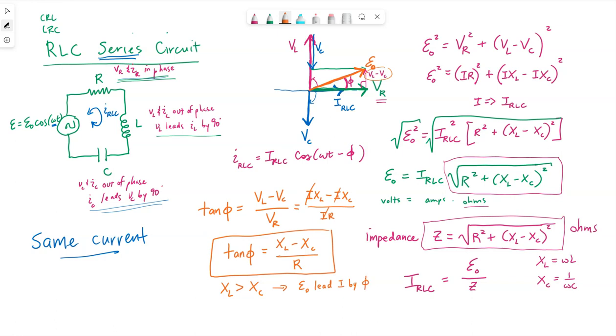If I had chosen to draw the phasor for the capacitor's voltage larger than the inductor's, when we added them together, we would have ended up with a result over here. That would be our voltage, and then the phase angle would have been behind. So XC bigger than XL, we find that the current leads the voltage by phi. If XL is bigger than XC, then the voltage leads the current by phi.